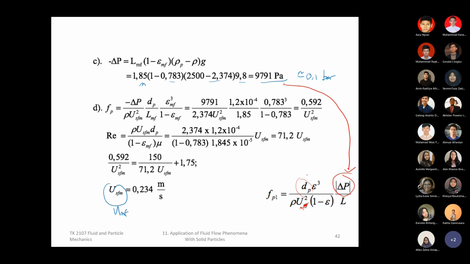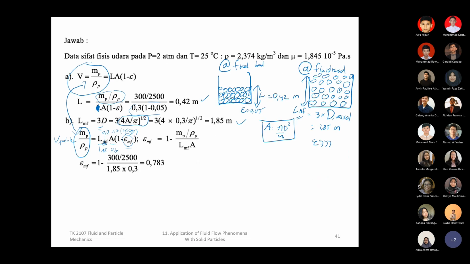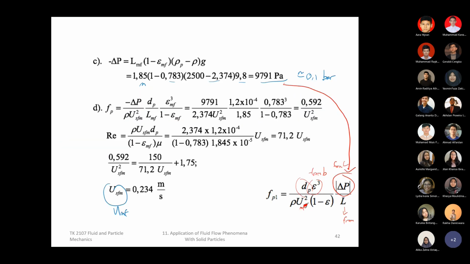The dP is provided in the question. Epsilon is already provided from B question. That's from C. That's provided from B as well. That's known from the B question.